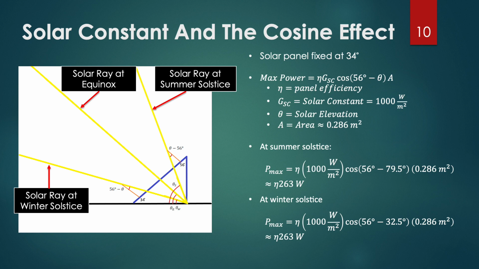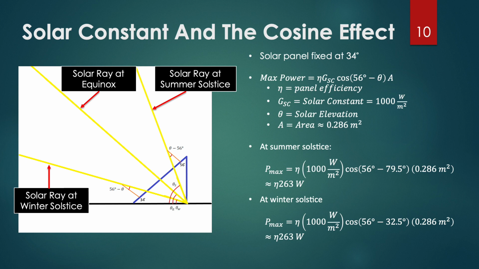So basically that is just the amount of solar power going through an area. And the solar constant is measured on surfaces that are perpendicular to solar rays. And on our surface on Earth, our solar constant is going to be 1,000 watts per meter squared.